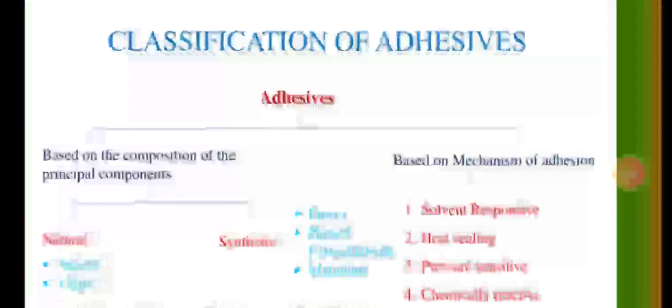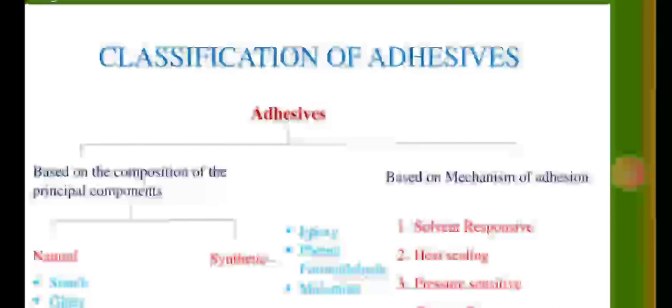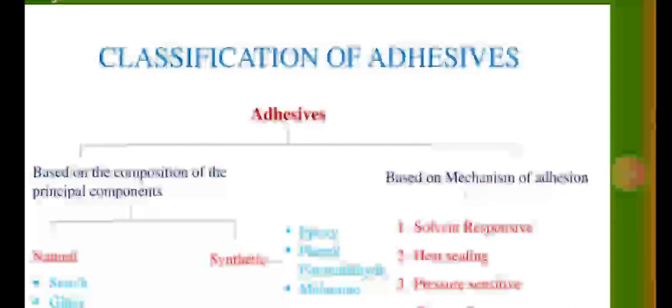All right, classification of adhesives. We may divide adhesives on the basis of composition, and they may also be grouped on the basis of their mechanism of adhesion. Generally, we divide adhesives into two main types: natural adhesives and synthetic adhesives. Natural adhesives include starch and naturally occurring glues. They are, of course, cheaply available, but they have limited uses, whereas synthetic adhesives are a little bit costly, but they offer a wide variety of applications.